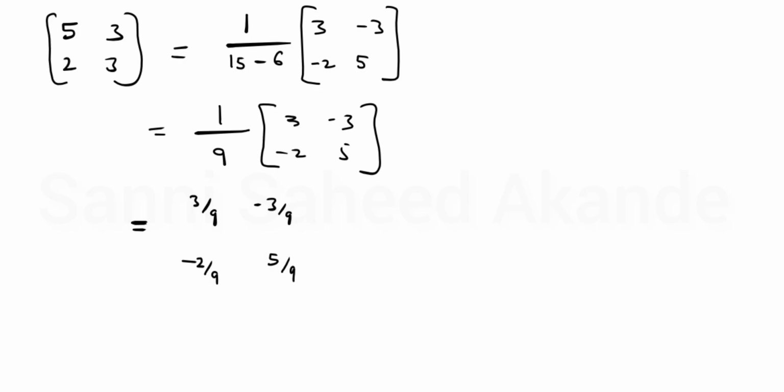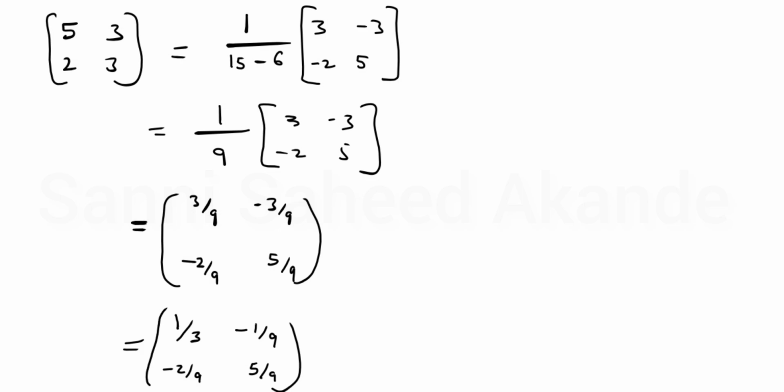Okay, so if you work on it further, 3 goes in 3 one time, 3 goes in 9 3 times, then minus 2 over 9, then minus 1 over 9, and 5 over 9. So if it is a subjective question, they can stop it here or here. All right, so that is that about that.